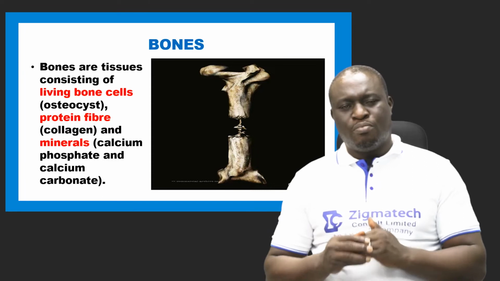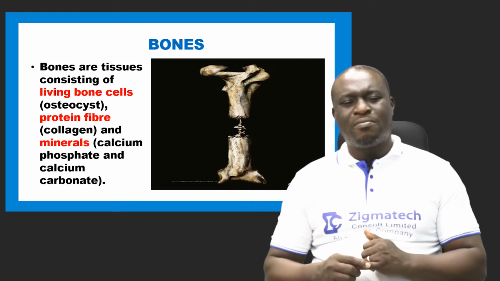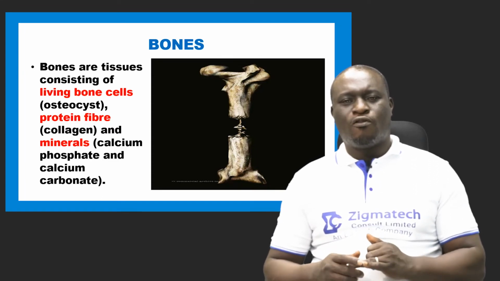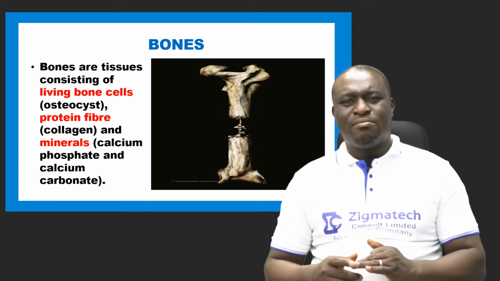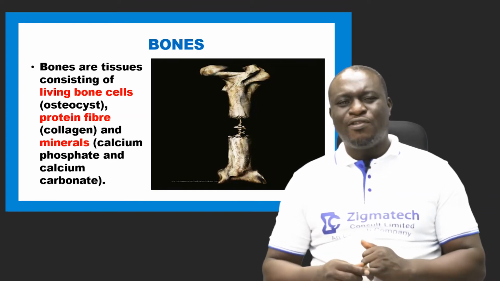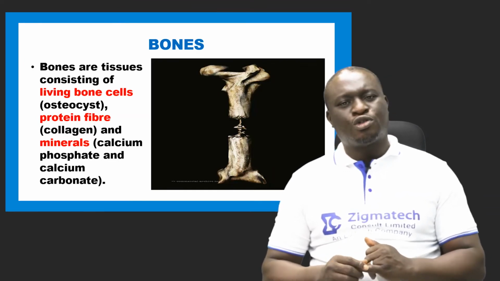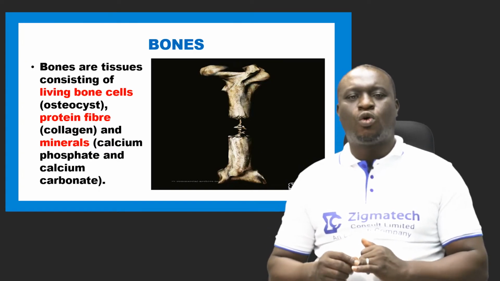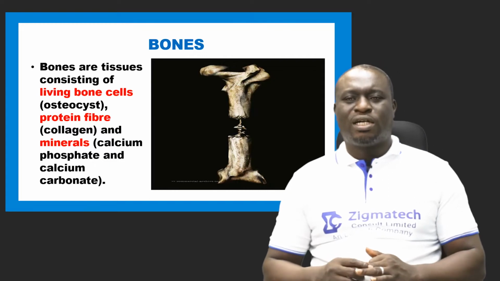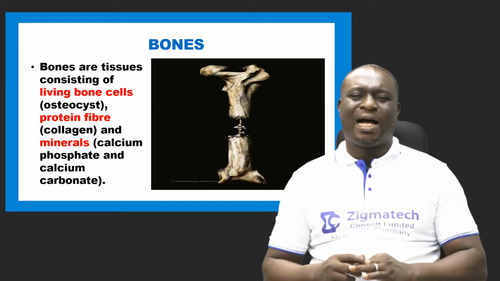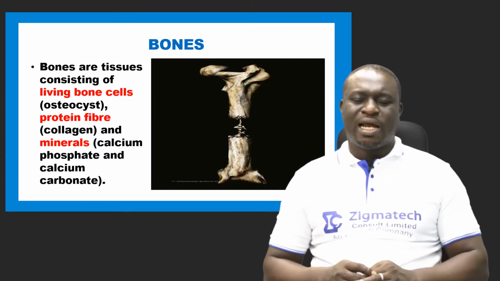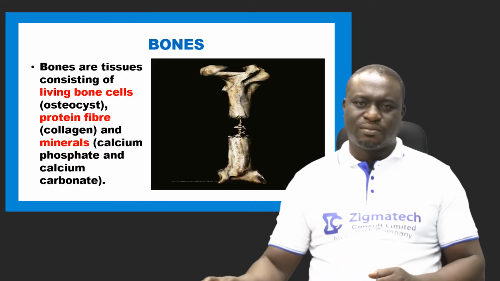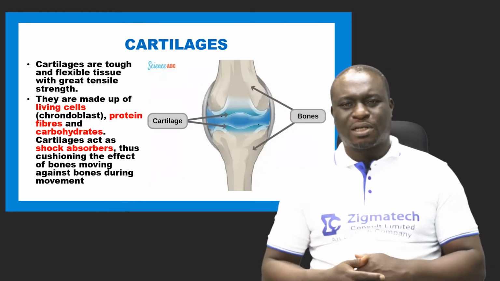I repeat, bones are made up of living bone cells, protein fibers, and minerals. The living bone cells can also be called osteocytes, while the protein fibers are called collagen. The minerals that make up bones are calcium phosphate and calcium carbonate.